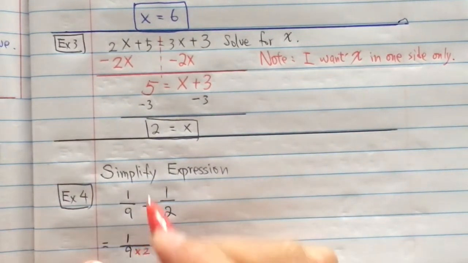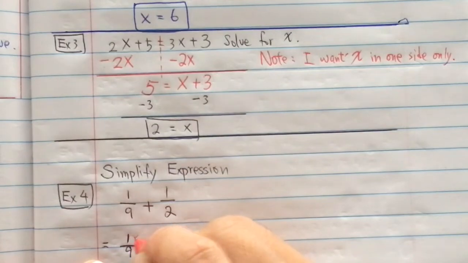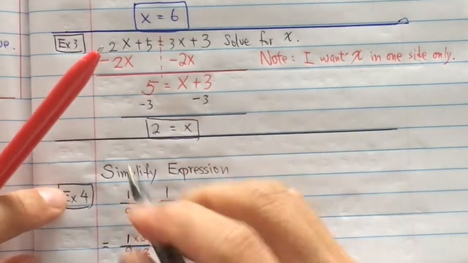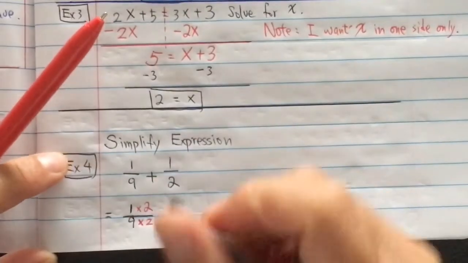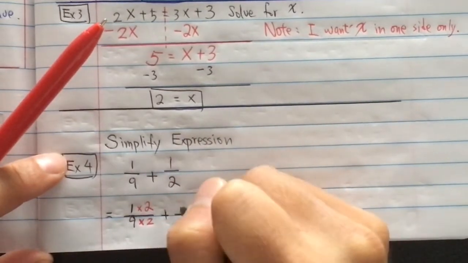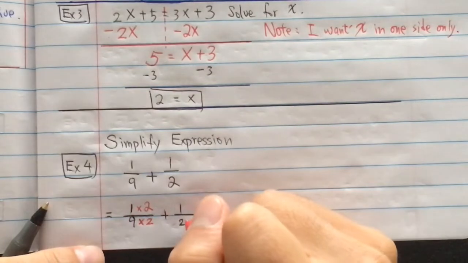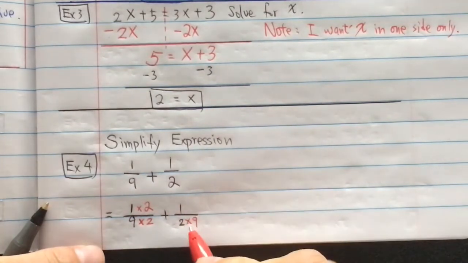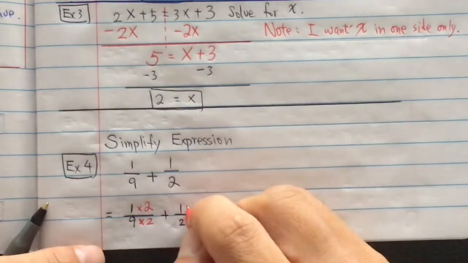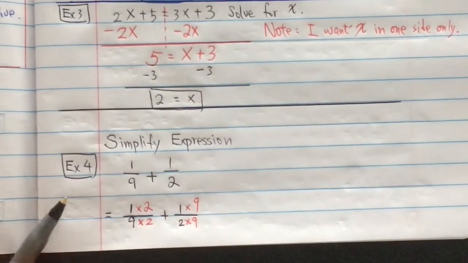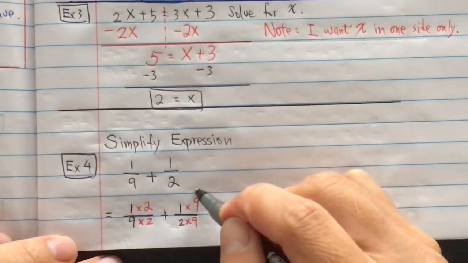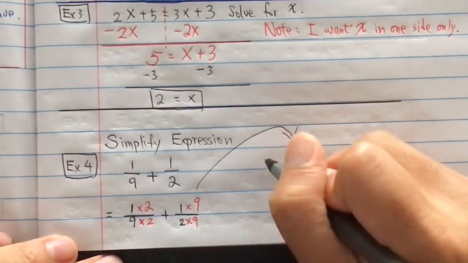So if the denominator times 2, then the numerator also needs to multiply by 2. And this one, same. I multiply each denominator by 9. So if the denominator multiplies by 9, the numerator also needs to multiply by 9. So far so good? So we continue here.